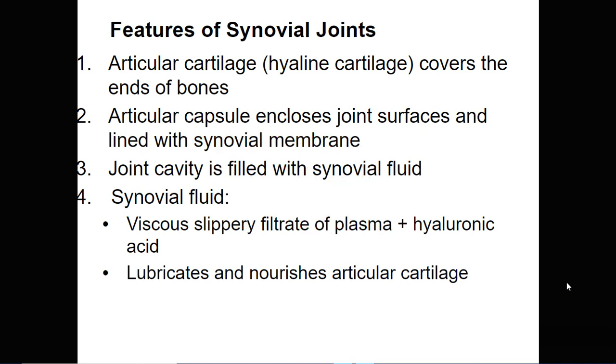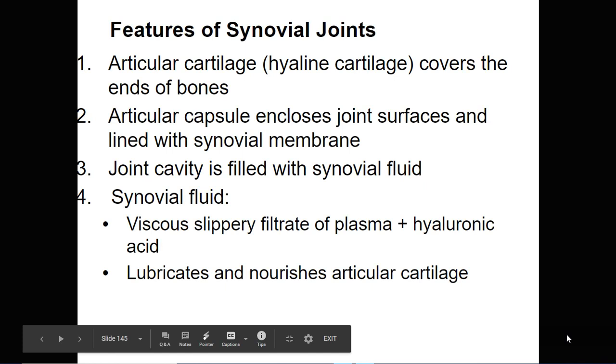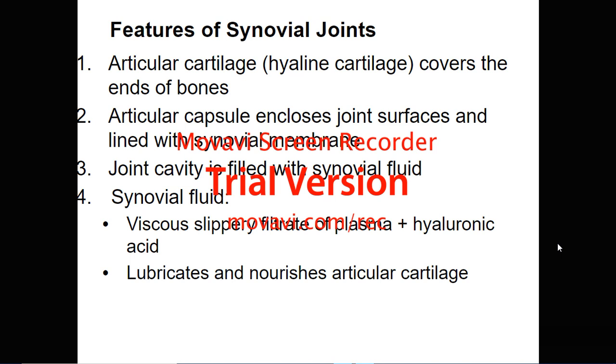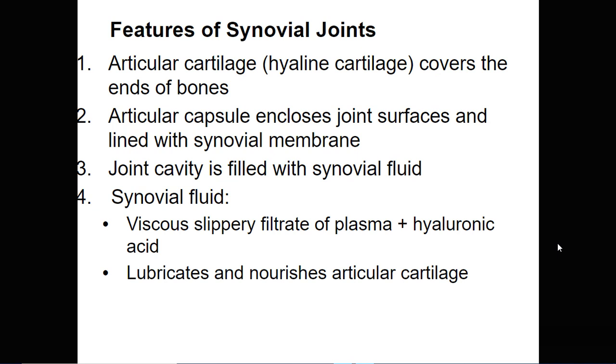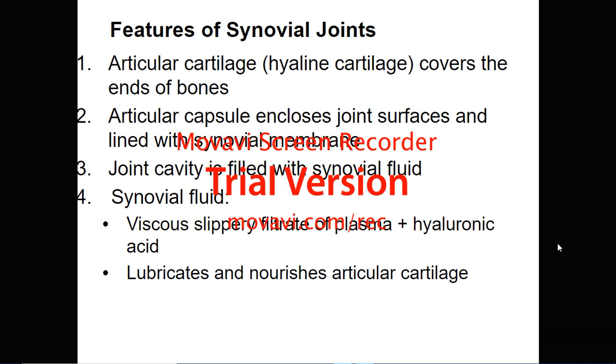And number 4, synovial fluid. The synovial fluid is derived largely by filtration from blood flowing through the capillaries in the synovial membrane. The synovial fluid has a viscous consistency due to the hyaluronic acid secreted by cells in the synovial membrane.